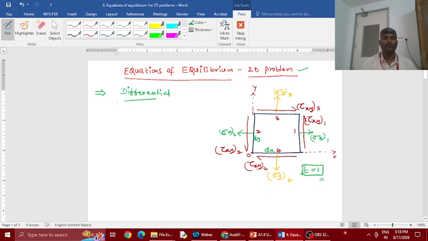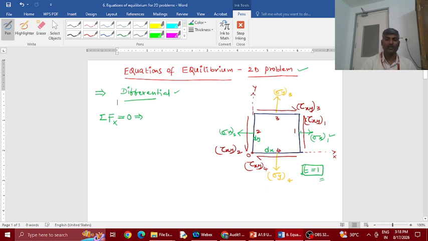equations of equilibrium, let us write the equilibrium equation in x direction. Sum of x forces is 0. If you observe how I have represented the stresses on each face, face 1 has normal stress sigma x and shear stress tau xy.